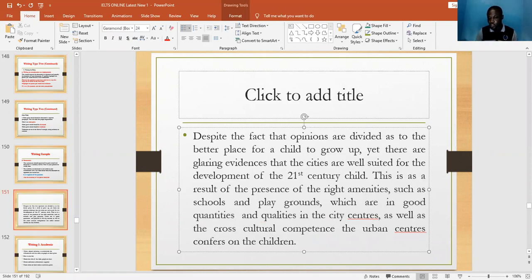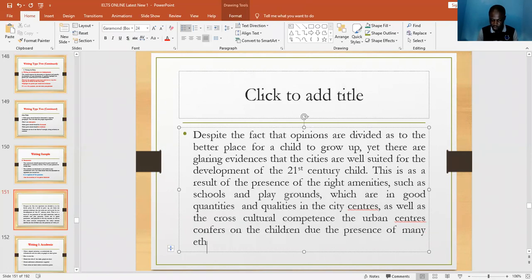I'm trying to see how to add something to the cross-cultural experience by giving a vivid example, because it's always a bit necessary so that it won't be as short as the introduction, as well as the cross-cultural competence conferred due to the presence of many ethnic nationalities.